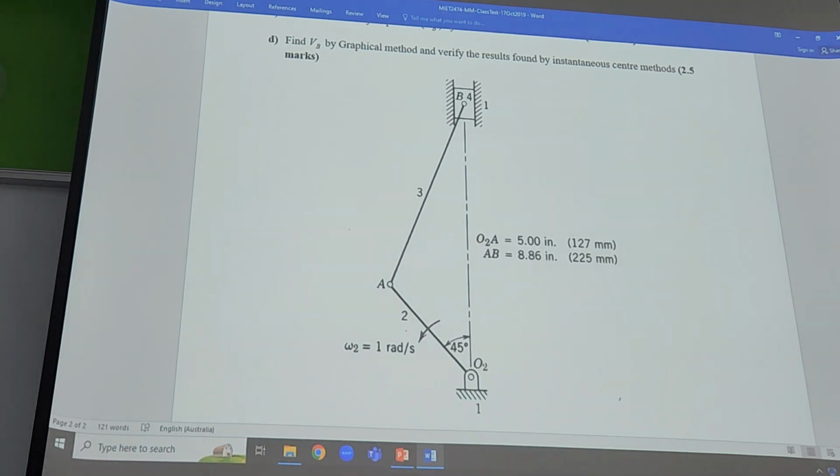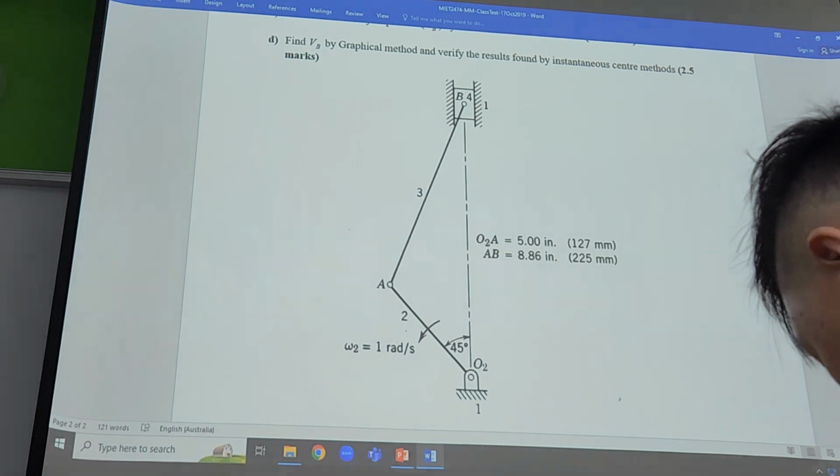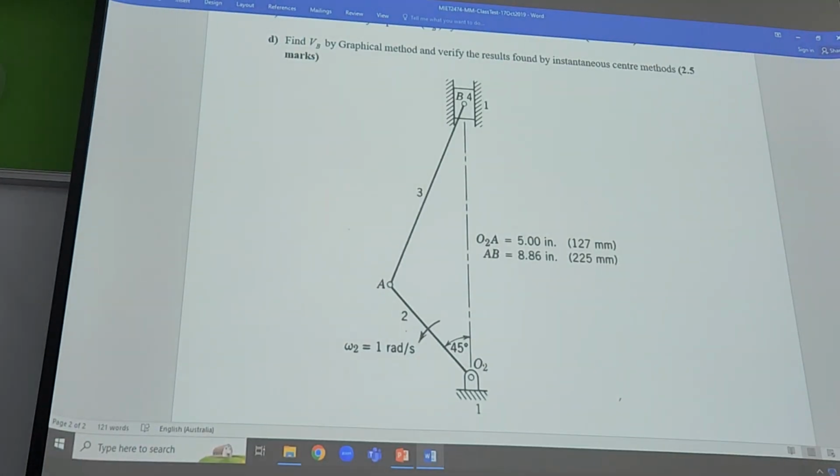In the online classes, you are going to do it on paper, scan, and upload. You are not allowed to use any software. You can only do the simulations using the software with the assignment. So draw the mechanism to scale first.